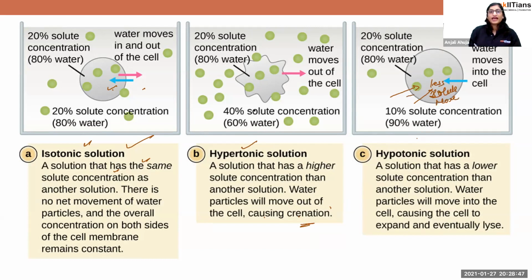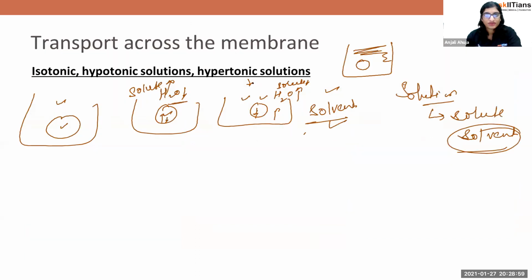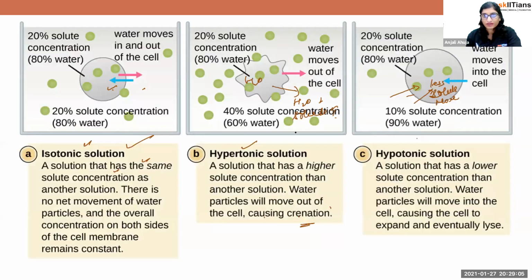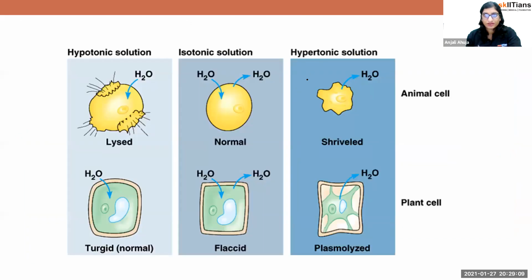So water is moving. And in hypertonic here, water is moving outside because H2O externally is less and inside H2O is more, and outside solute is more. Did I tell you the same definition here? Give me a minute, let me confirm. H2O is moving outside here in the animal cell.